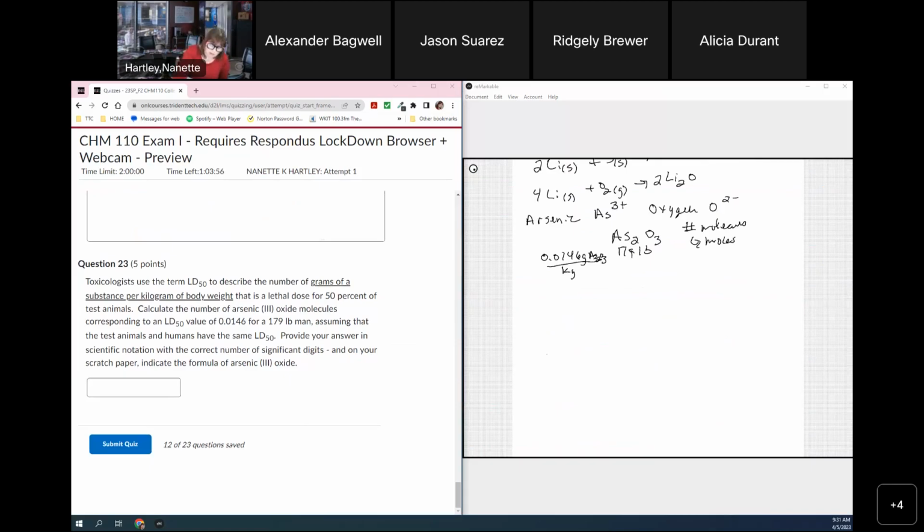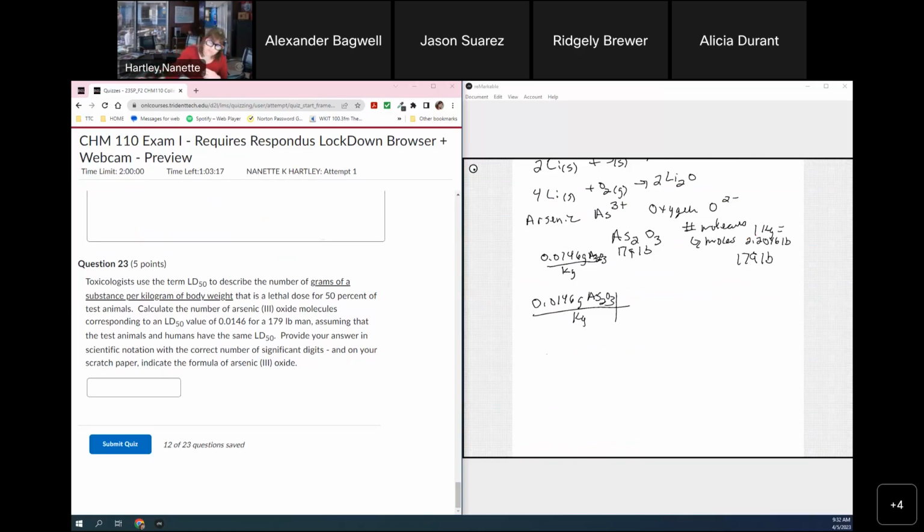And I need to take into account this right here. So 0.0146 grams of As2O3 are required per kilogram. I know that this is a 179-pound person, so I have to convert that to kilograms. I can do that with information that I found on an exam handbook. I can see that 1 kilogram is equal to 2.2046 pounds.